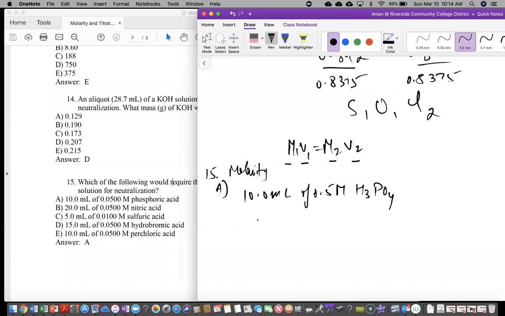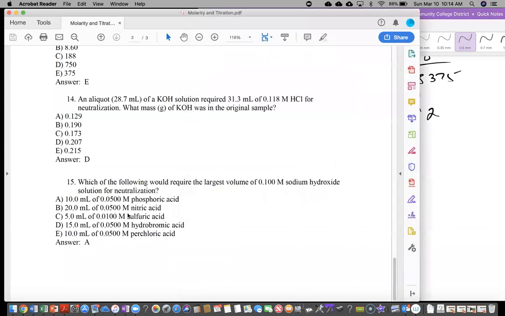If you change this into moles, that's how we'll figure out how many moles of NaOH we need. The one which needs the maximum amount of NaOH is the one that requires the largest volume of NaOH to neutralize. Does the question and process make sense?